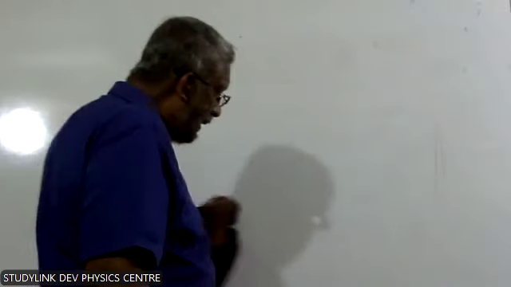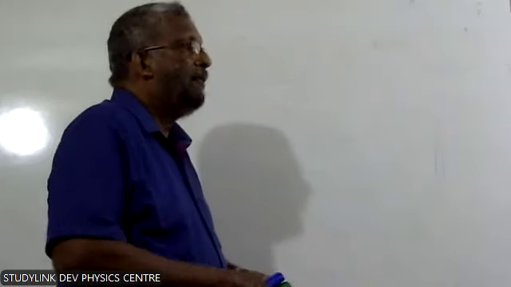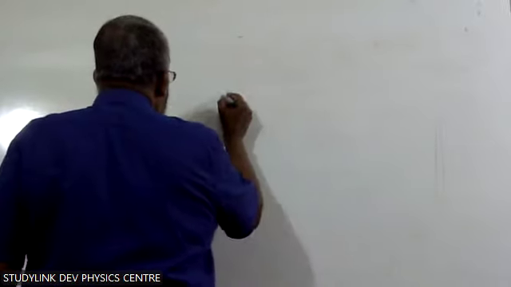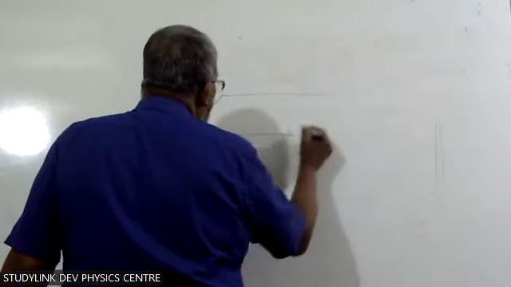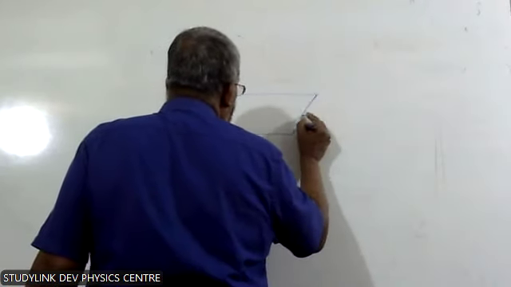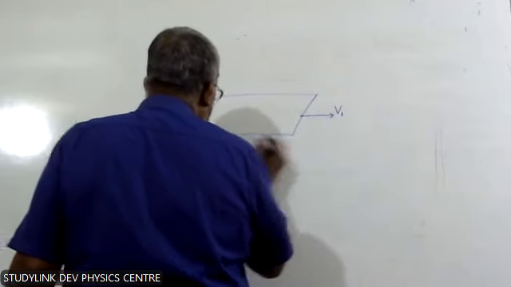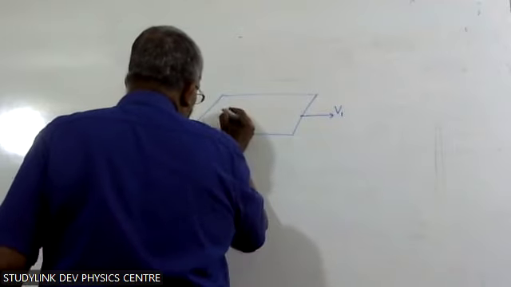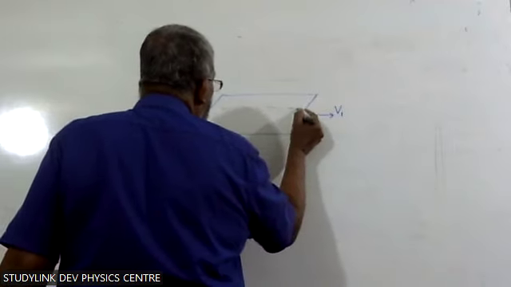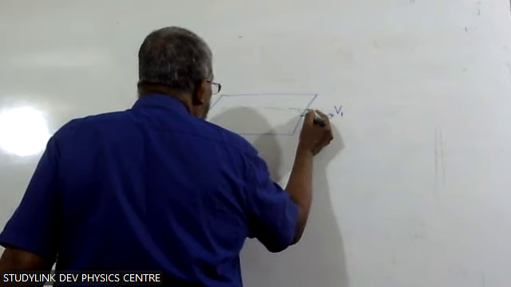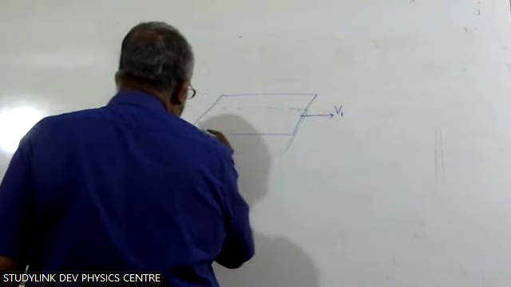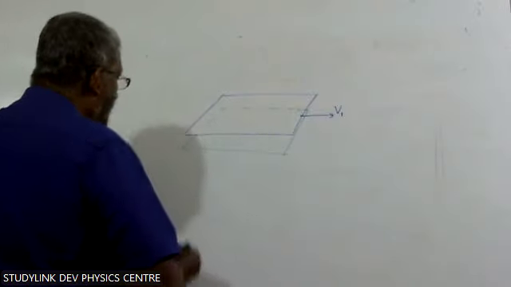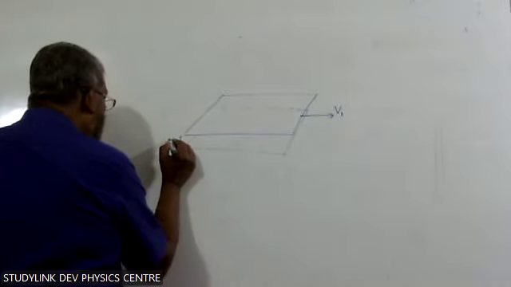Now we'll consider how the viscous force occurs. Now consider two laminae flowing close to each other, with different velocities. The distance between these two layers is delta x.